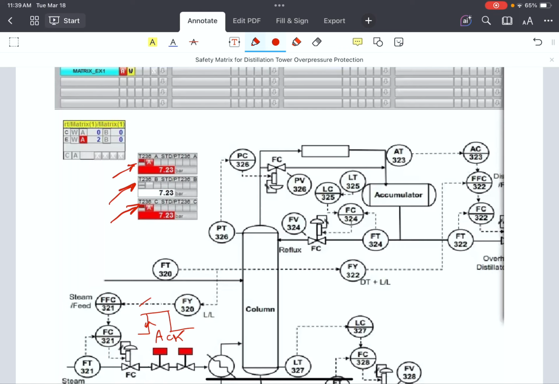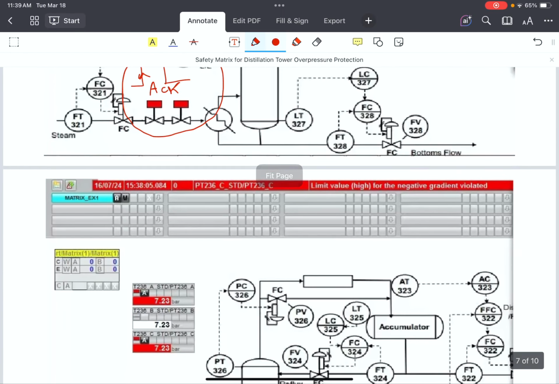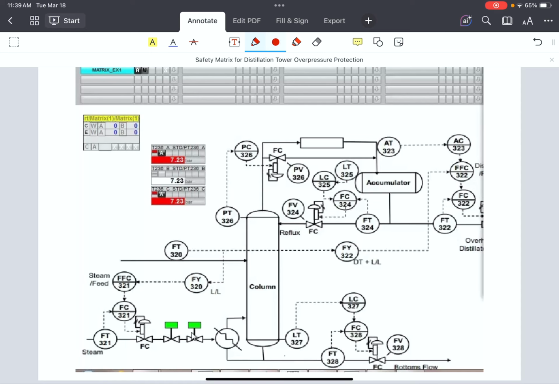When acknowledge is done, the steam will be back to the column.